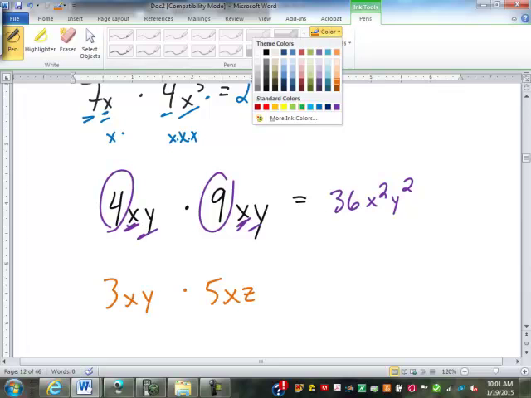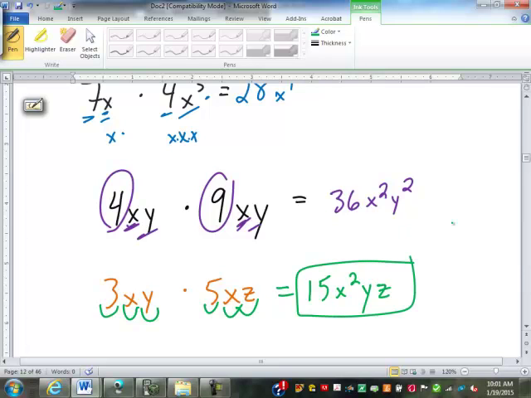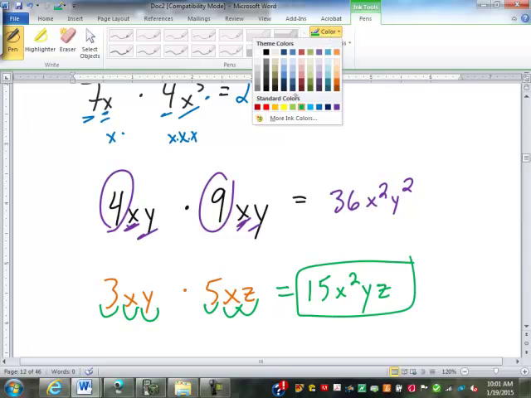So we go to multiply the counts. 3 times 5 is 15. x times x is x squared. Now we've got the y, but there's nothing to multiply the y by. It just stays y. We've got the z, nothing to multiply that by, so it just stays z. So 15x squared yz.